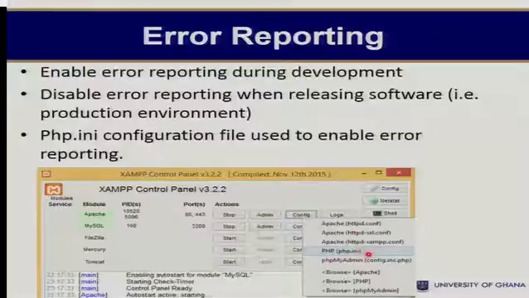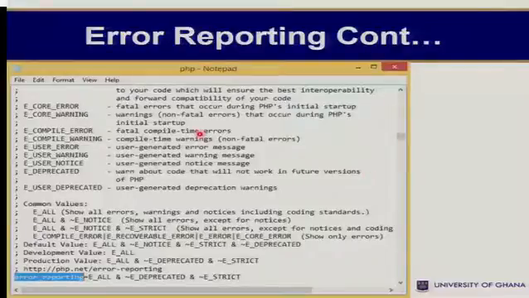In that menu, you have php.ini. If you click on php.ini, it opens up a text file within which you can do your PHP editing. So this is quite handy. You don't need to know where this file is. All you need to do is click on config and click on php.ini, and that will open this file, and you can make whatever changes you want to do.